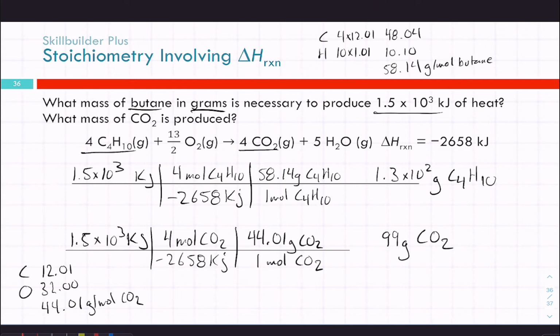Now I wouldn't change the answer. This is weird. But if you multiply the whole thing by 2, you're going to end up with the same answers. So I don't know why. Fractions are tricky.